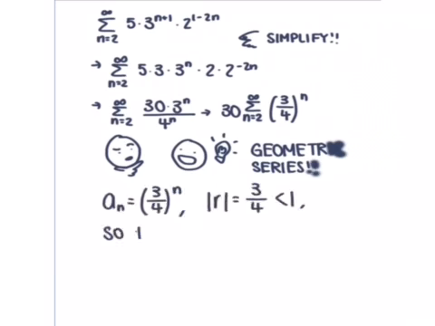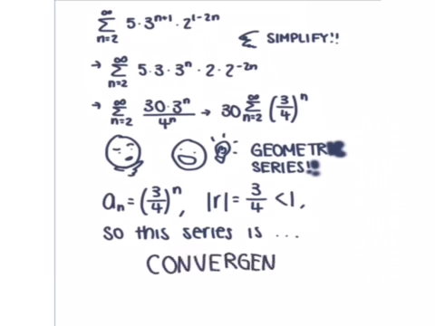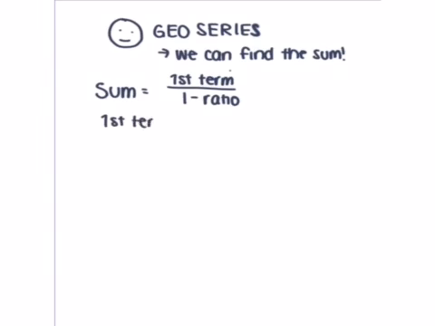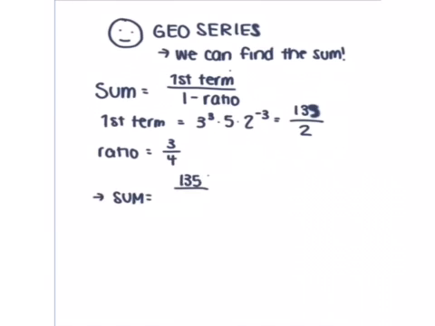The absolute value of r, which is 3/4, is less than 1, so the series converges. With geometric series, you can find the actual sum using the equation of the first term divided by 1 minus the ratio r. This gives us a final answer of 120, which is what this series converges to. Nice.